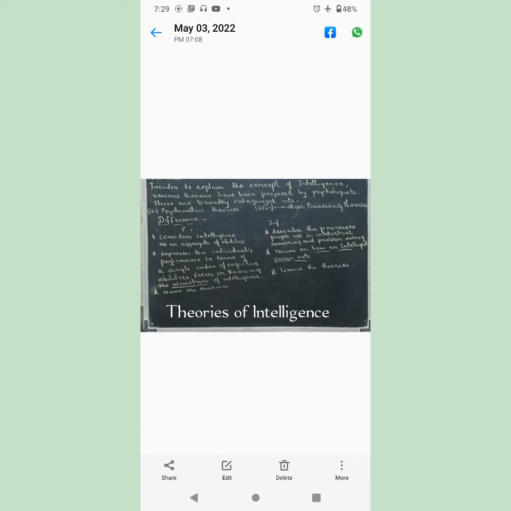Then the hierarchical theory, then you have the PASS model. All this is covered under information processing theories. Okay, now we will take up the theories one by one.